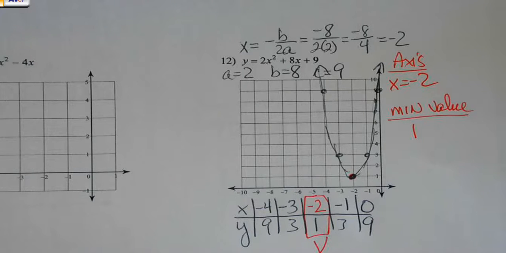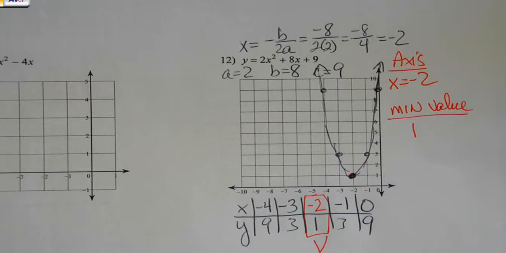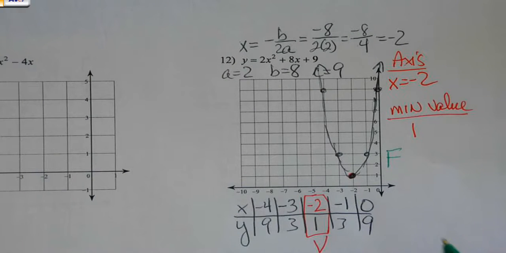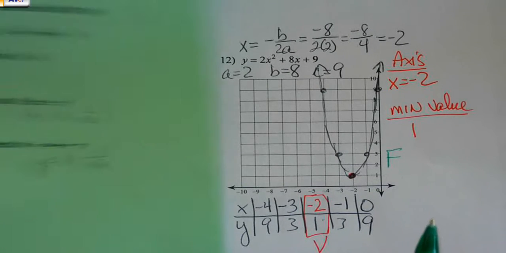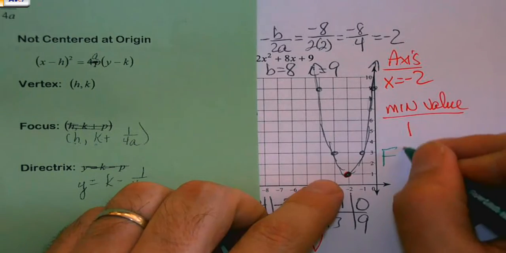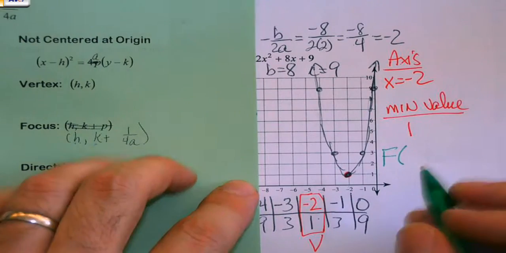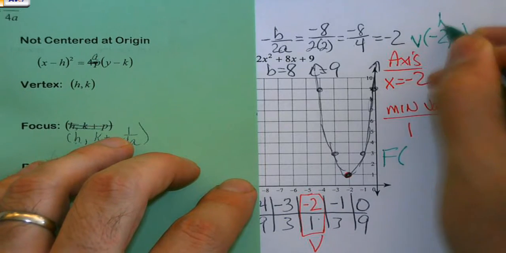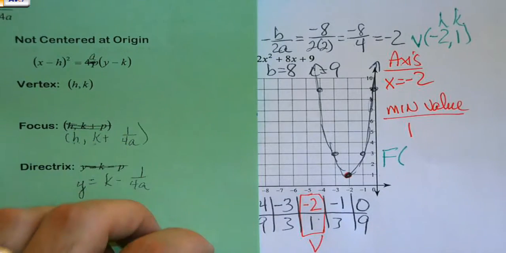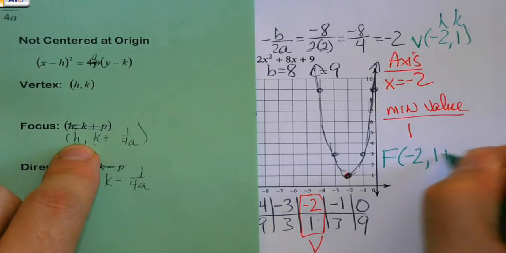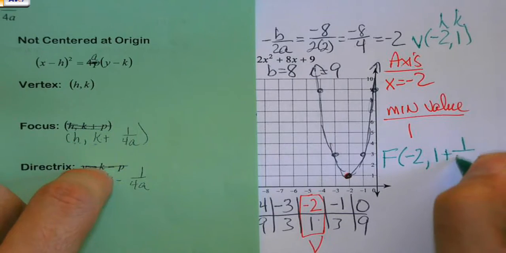Once we have those set, now we're ready for focus and directrix. My vertex is not at 0, 0, not at the origin. It might not be a bad idea to write out my vertex here, because then I have h and k right in front of me. So h, k plus 1 over 4a.